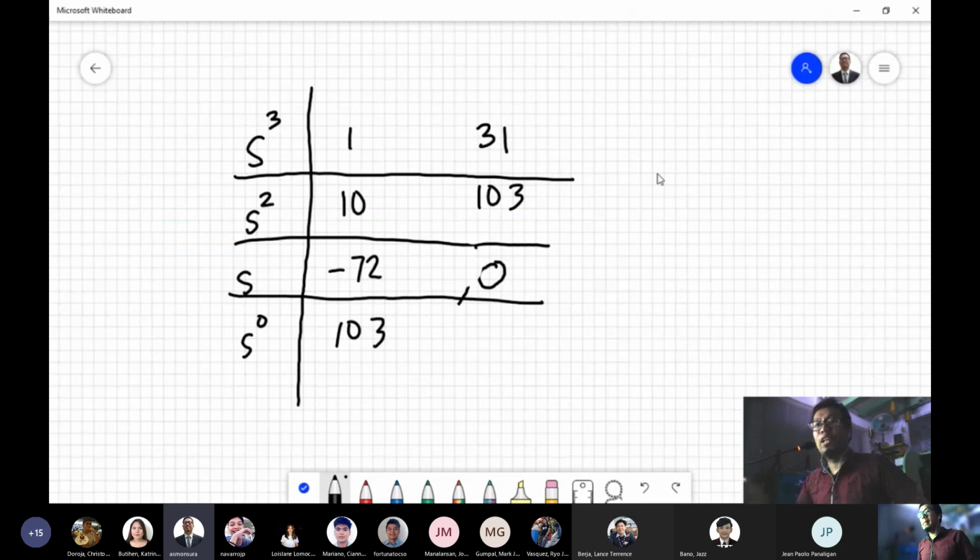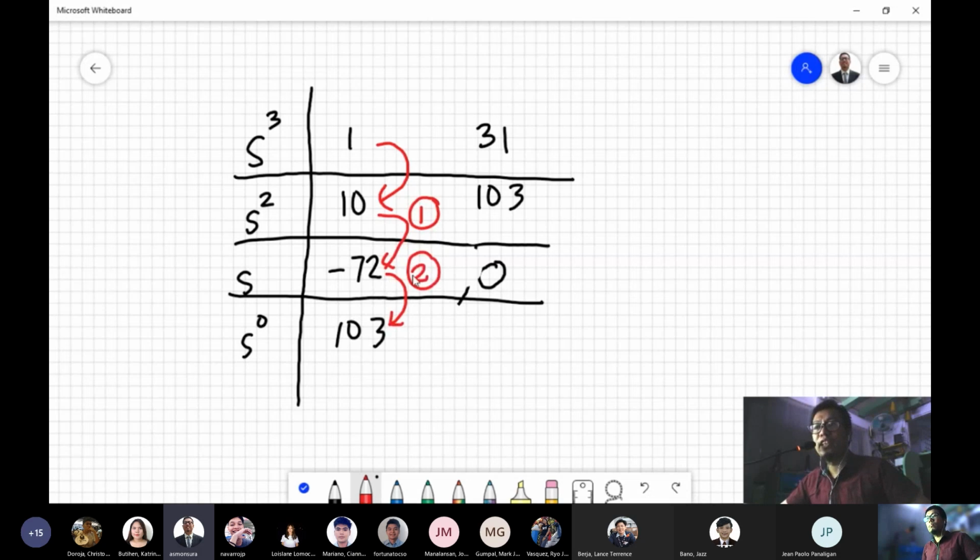nung complex S-plane niyo. Okay, so balikan natin to. Bibilangin natin dito ngayon kung ilang sign changes meron siya. So when you say sign changes, yung positive naging negative o yung negative naging positive. So halimbawa ito, from here to here, positive to positive, so hindi to bilang. Then from here to here, positive to negative, so that's one sign change. Okay? And then from negative to positive, that's another sign change.